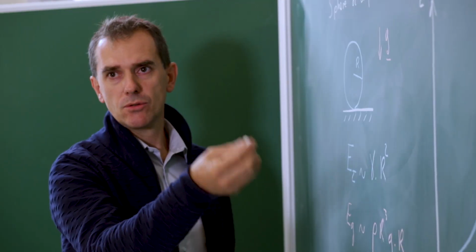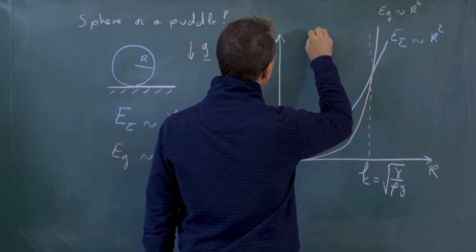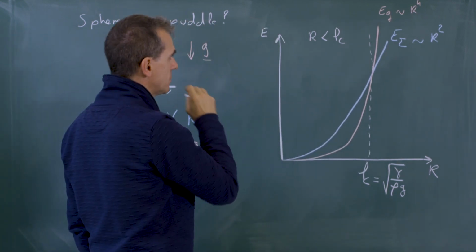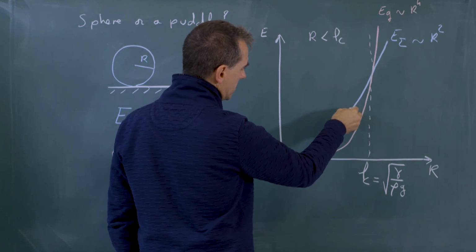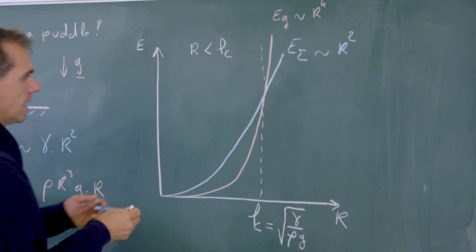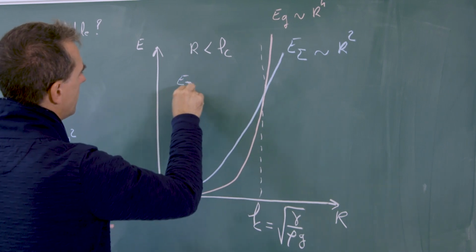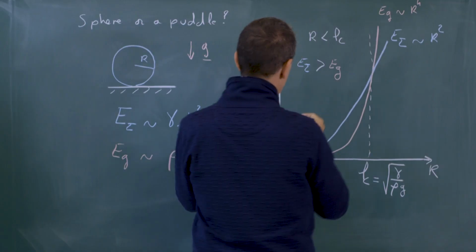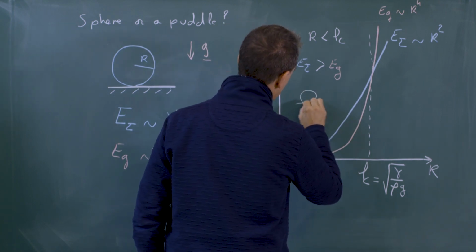So now we have two regions that are separated by LC. The first one is when the drop has a radius smaller than the capillary length. And in this region, what you see is that blue is over pink, which means that the energy related to the capillarity is larger than the energy related to gravity. And so in this case, when E sigma is larger than Eg, we do not expect the flattening by gravity, and we expect to observe only spheres.